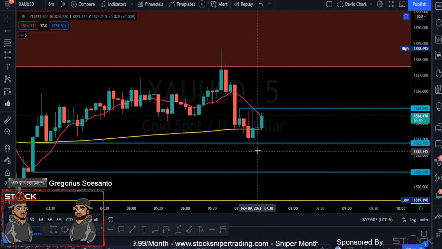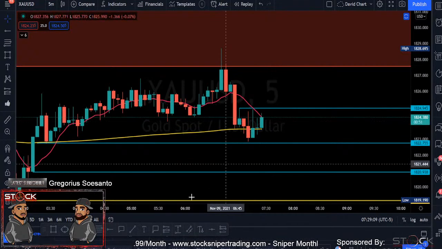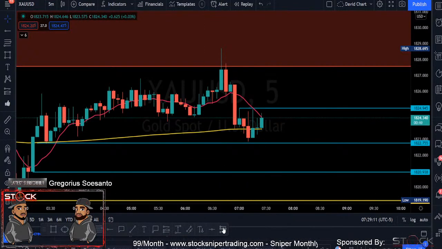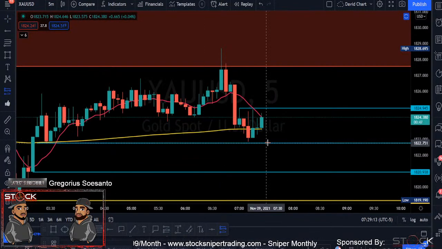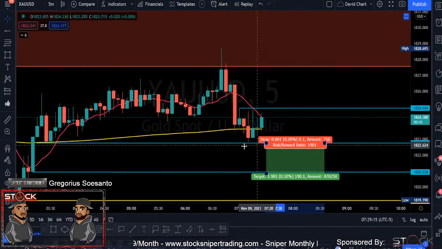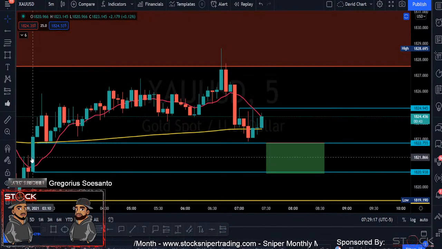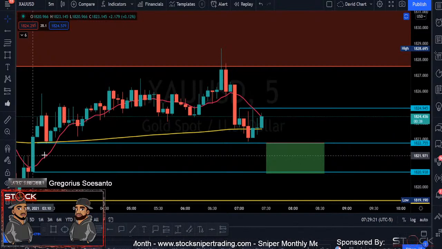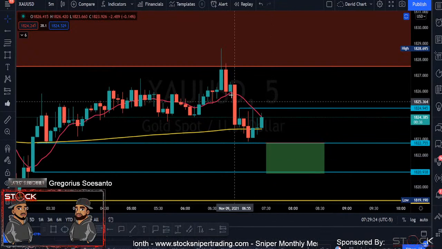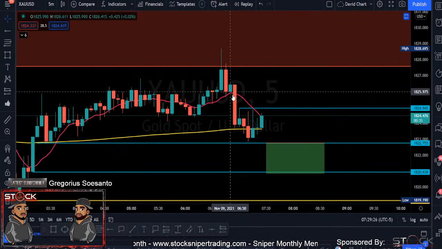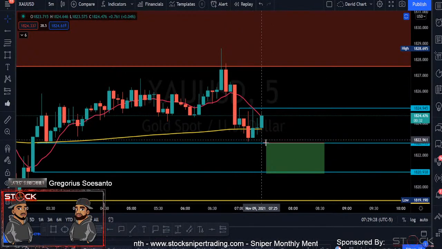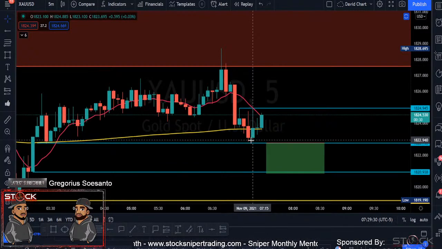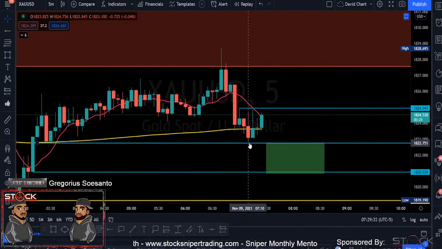Any break above here, guys, and you're going to have some indecision. So in an idealistic world, if gold starts to drop here, you can see that there's nothing stopping it. Maybe a little resistance at the 1820, 1822 mark before maybe having its overall continuation. But there's a lot of sellers coming into the market, just waiting for this patient process to break below this support.